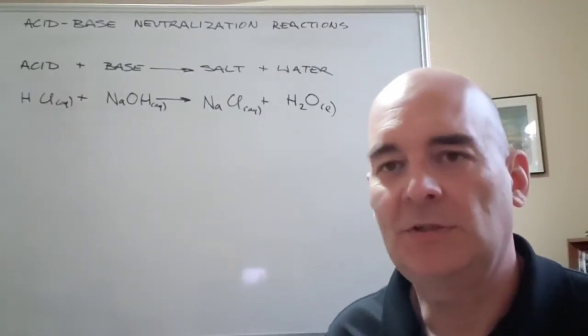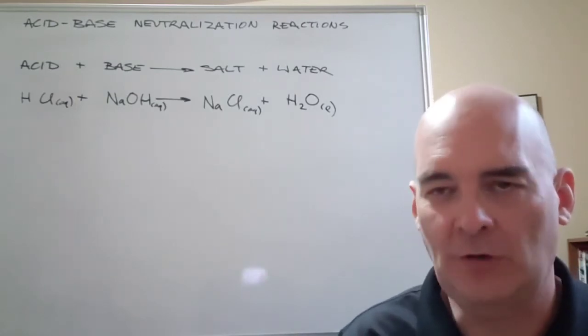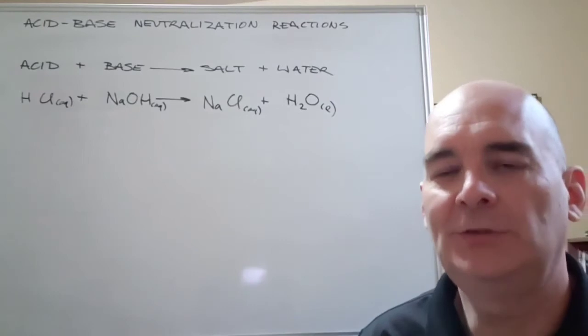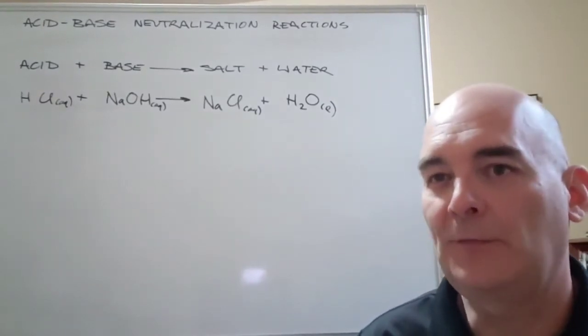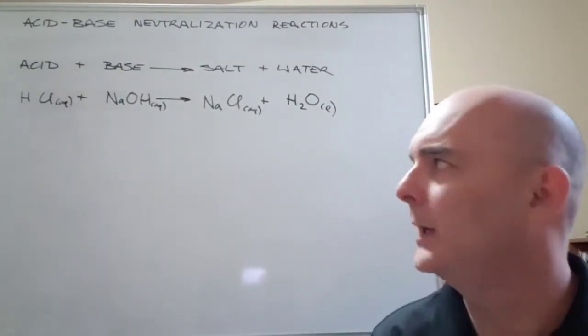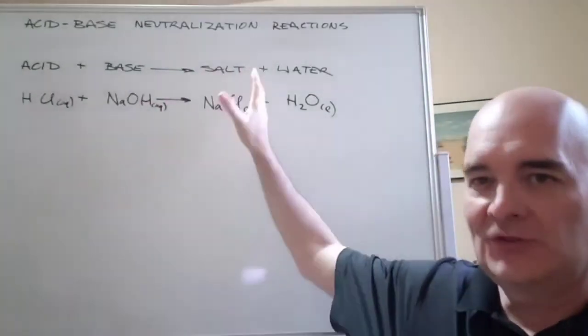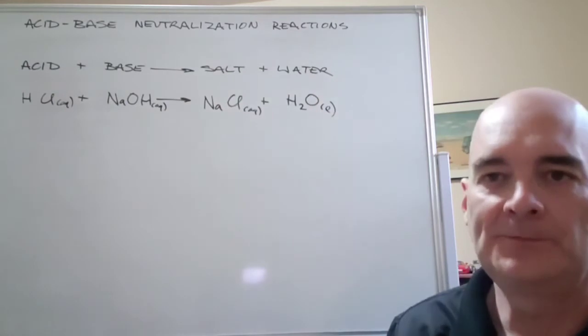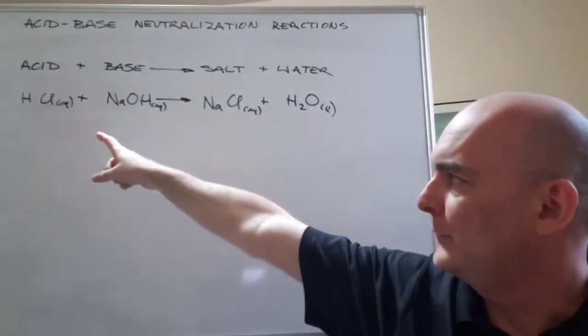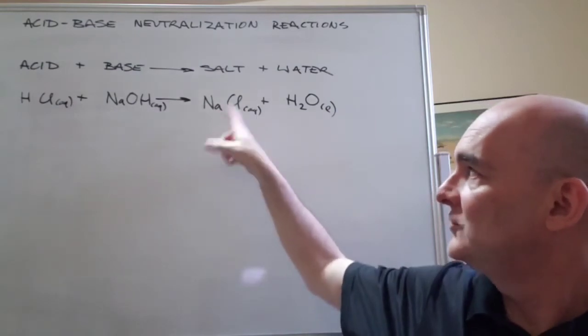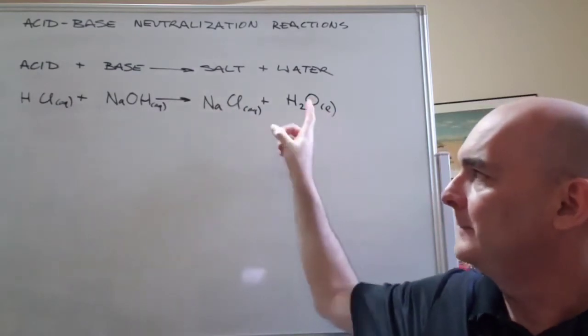Acids and bases undergo reactions called neutralizations. And it turns out that all acid-base neutralization reactions are fundamentally the same thing: an acid plus a base makes a salt plus water. Here I have hydrochloric acid and sodium hydroxide combining to make sodium chloride and water.